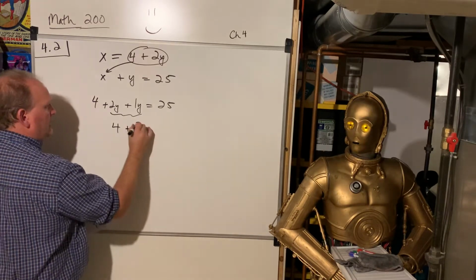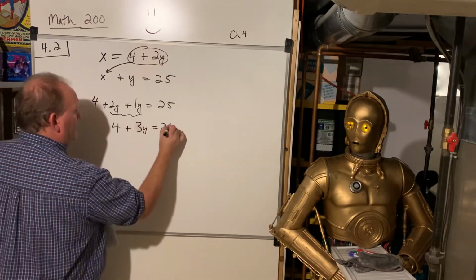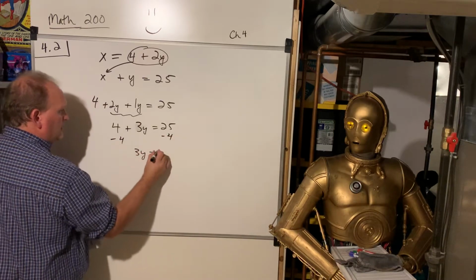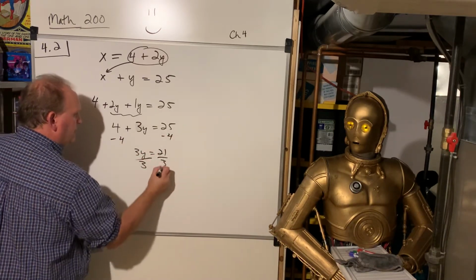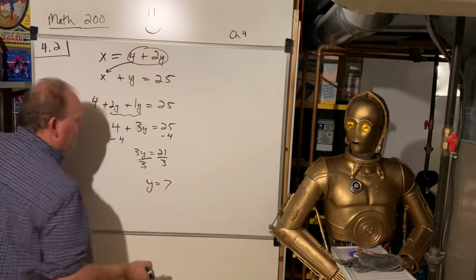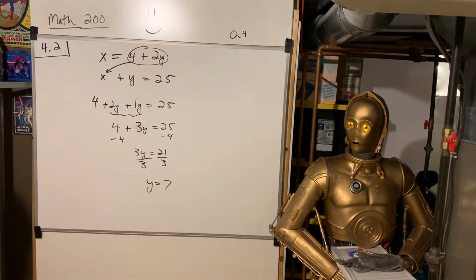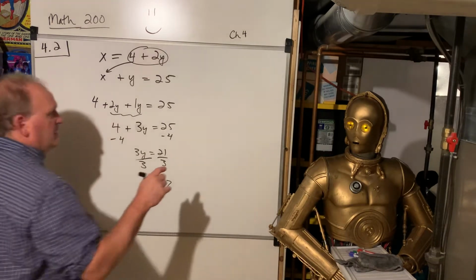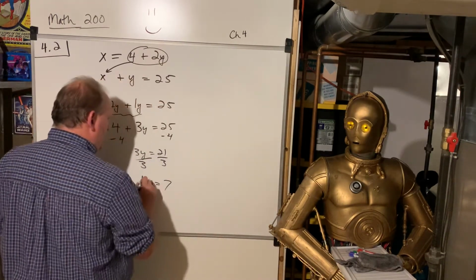That gives me 3y. And then I isolate the variable, get rid of that 4, and then I divide by the 3. y is 7. So we found one of the coordinates of the point. So we need x and y.